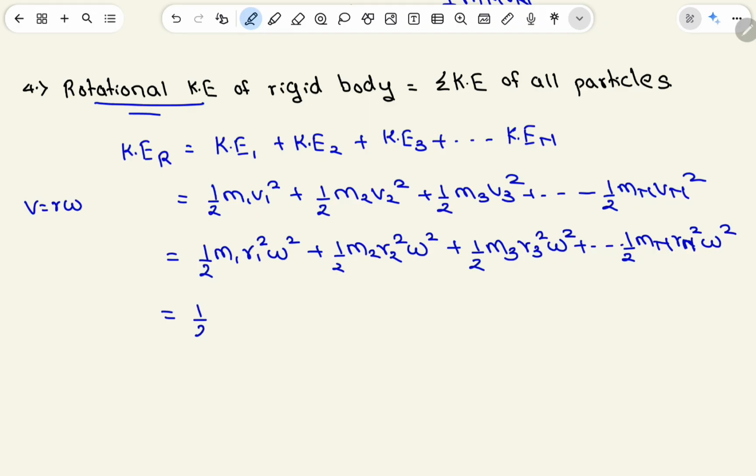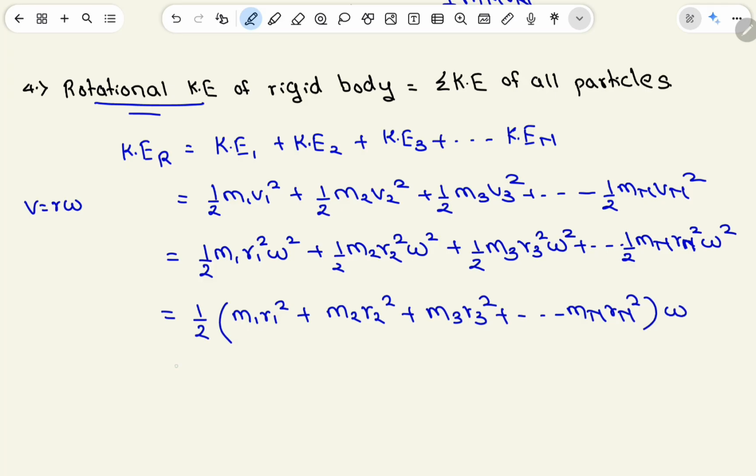Now from all the terms, we can take out half and omega square as common. So half I am taking on the left-hand side, and inside the bracket I have m1 r1 square plus m2 r2 square plus m3 r3 square and so on up to mn rn square, times omega square. Now, if you look at the term inside the bracket, it must click that it is nothing but the moment of inertia of the body.